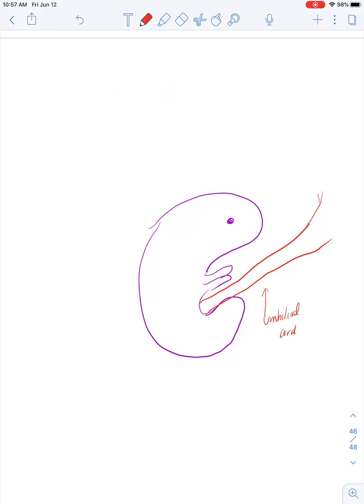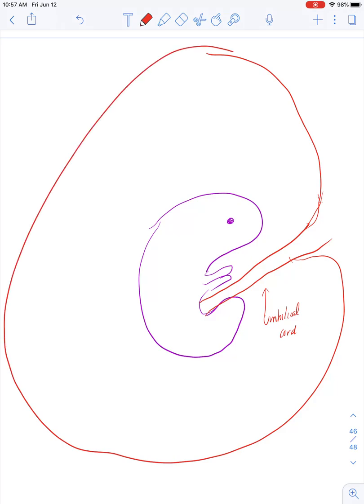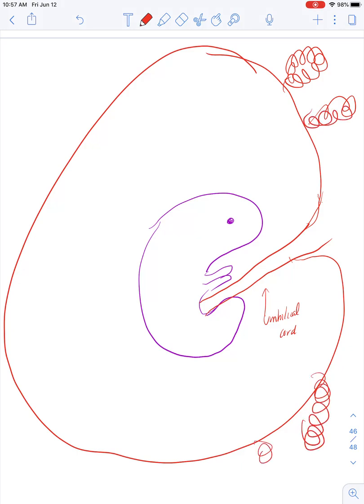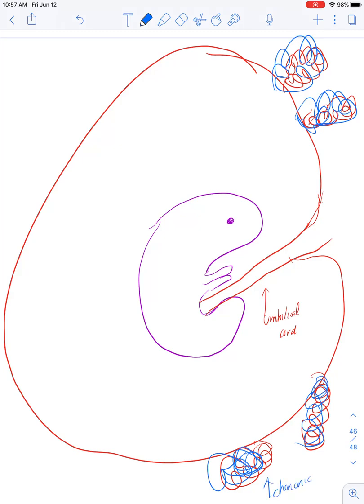So this umbilical cord, right, this in red that I'm drawing is the chorion, and this that I'm drawing is chorionic villi that's coming out of the chorion. I'm going to draw this red and blue. Okay, so this is the chorionic villi.